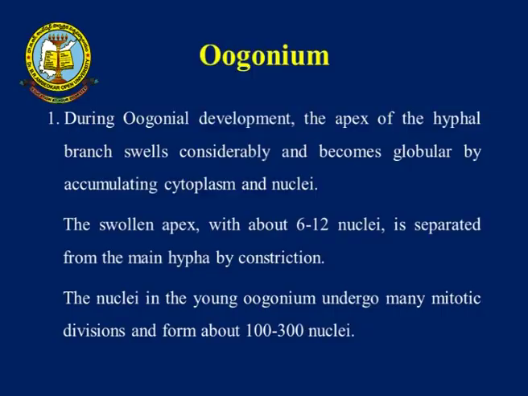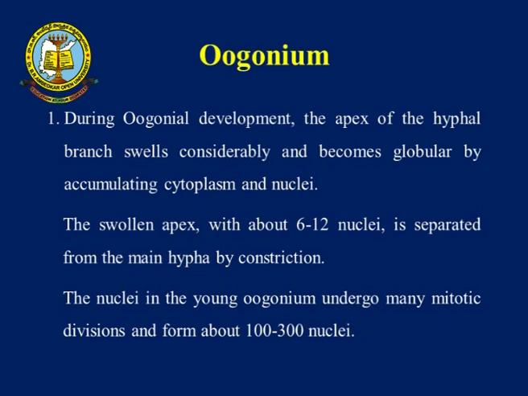Next point, the oogonium is the female reproductive organ. During oogonial development, the apex of the hyphal branch swells considerably and becomes globular, accumulating cytoplasm and nucleus. The swollen, round structure has about 6 to 12 nuclei at the apex. Sometimes we see 8 to 12 nuclei in that area, separated from the main hyphae by a constriction. The nuclei in the young oogonium undergo many mitotic divisions, from about 100 to 300.